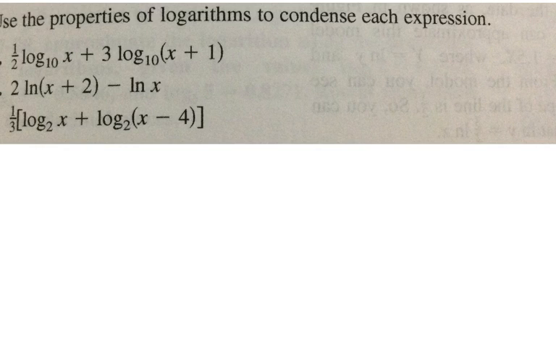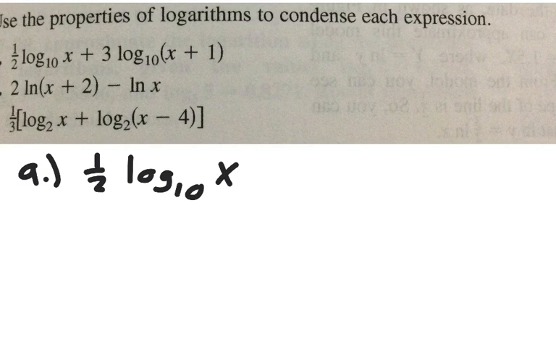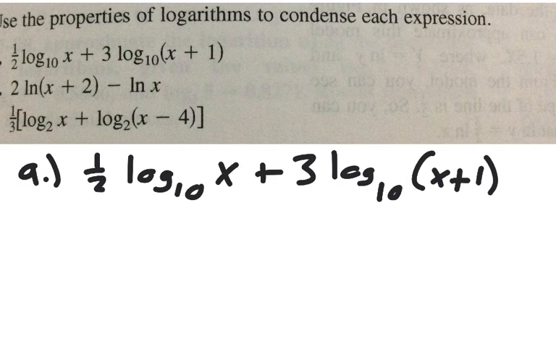Let's start with A part. So A is 1/2 log base 10 of x plus 3 times log base 10 of x plus 1. Okay, so if I'm going to rewrite these as single logarithms, I need to get rid of all the numbers out in front of the logarithms. So I've got the 1/2 power and a 3 power that I'm going to move to the arguments and turn them into exponents.